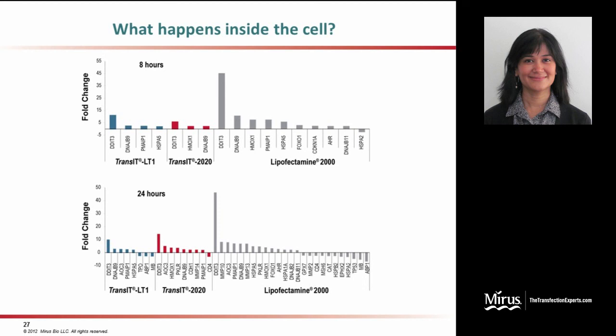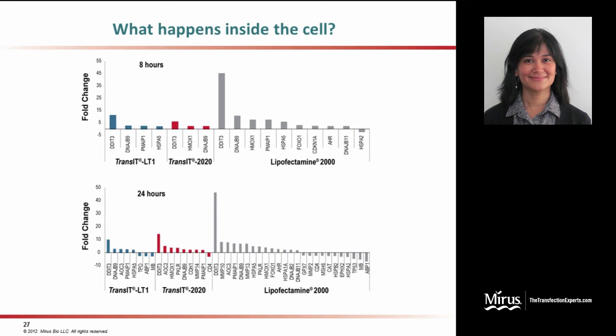In this experiment, a non-coding plasmid was used to make sure that there were no gene expression associated changes on the overall cytotoxicity profile. As you can see here, cells hugely alter their gene expression profile following transfection. Of the 84 key genes that were looked at, the alteration in gene expression was maximum with liposomal formulations such as Lipofectamine 2000.